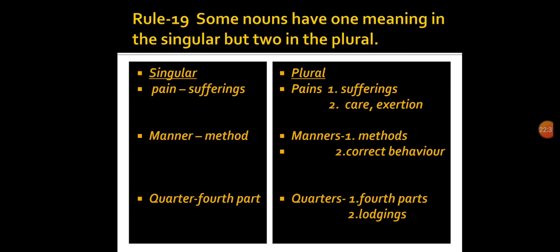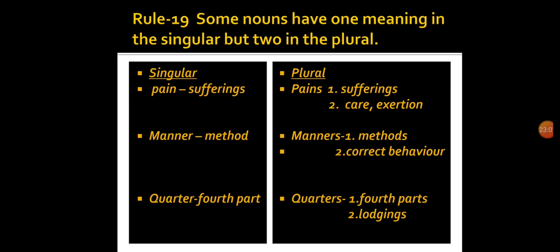Now come to rule 19. Some nouns have one meaning in singular but two in the plural. Here are some examples. Pain. Pain means suffering. But in plural form, pains means sufferings and pains also means care or exertion.